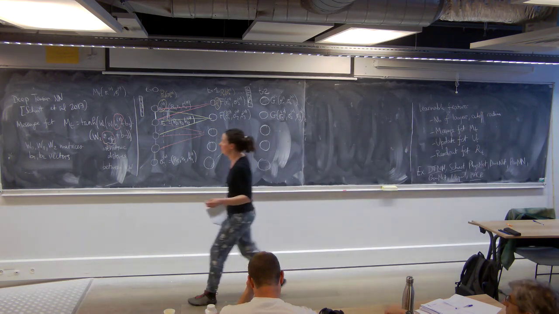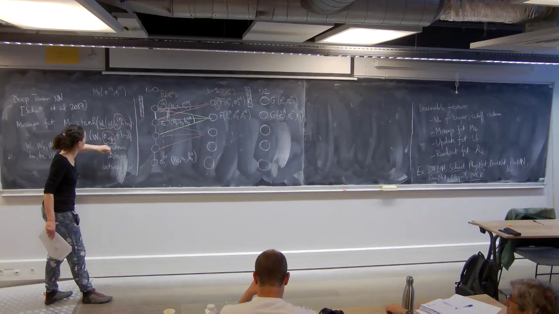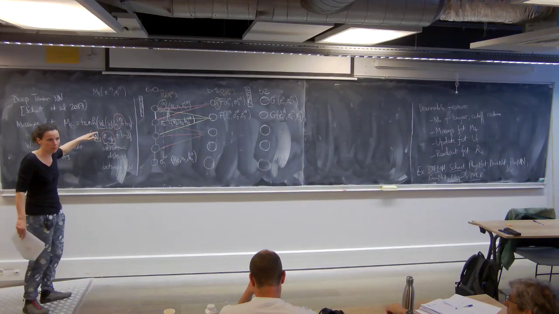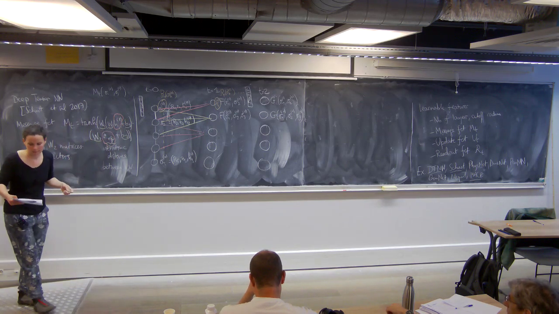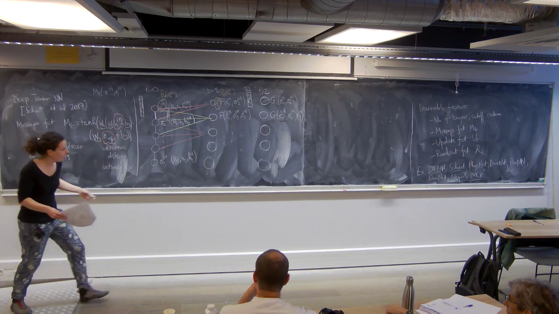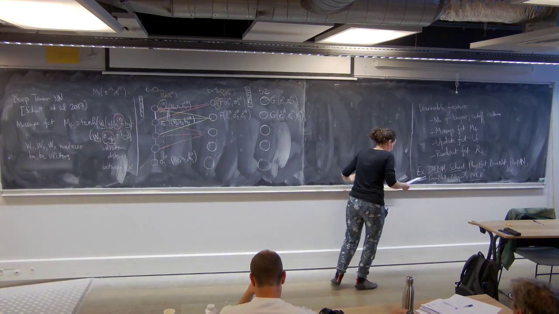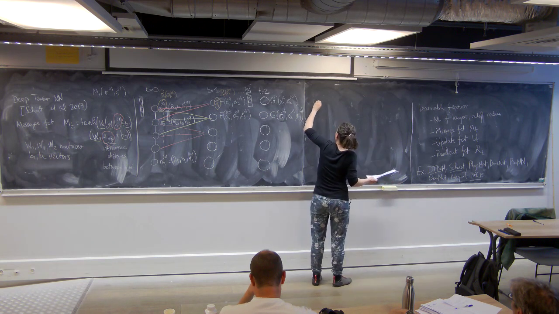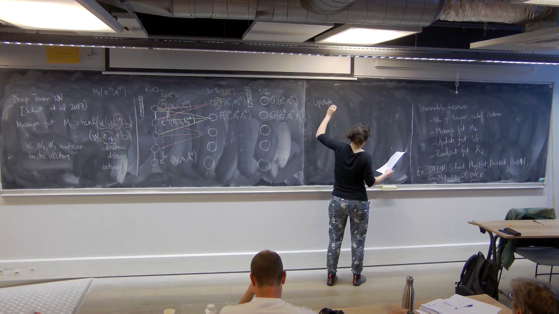In that case, what you have to fit are the matrices W0, W1, W2, and the biases B1, B2. Now the update function is fixed, so in that case you don't have to learn anything at that stage.